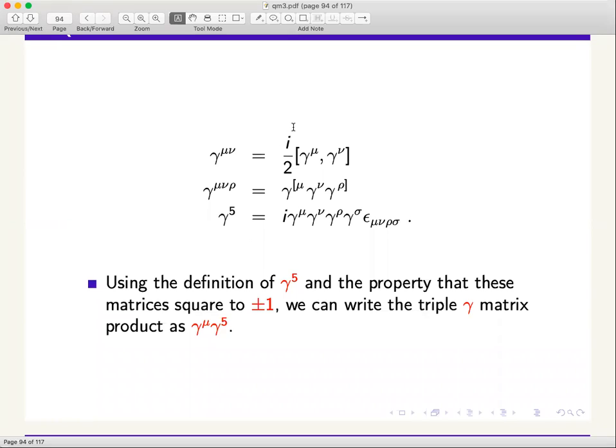I have put a factor of i here when I wrote gamma mu nu. Maybe later in the text we will use something similar. The purpose of putting i was to maintain the hermiticity conditions similar to gamma mu, namely the one which carries an index 0. Remember, it is antisymmetric in mu and nu.